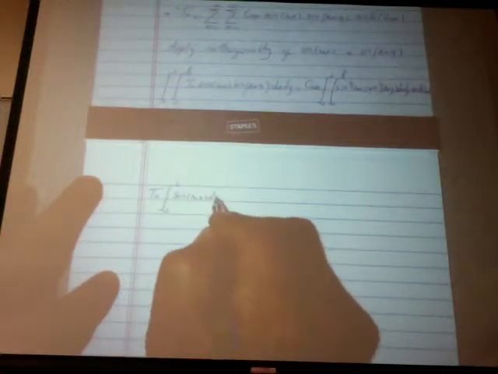Then we can separate these integrals. This integral right here is d0 times the integral from 0 to L of sine of lambda n x dx times the integral from 0 to L of the sine of beta m y dy. So this one is broken up in two.